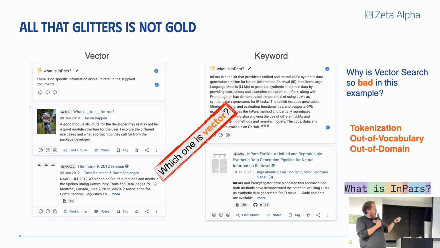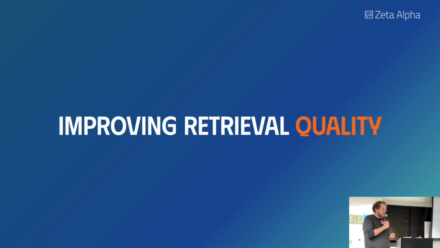So it's an out of vocabulary term, and your model has no idea what InPars is. It's also out of domain: your model was probably trained on generic text, and InPars is a really specific term to this domain. It's a thing that your model never saw before. So that's one of the best reasons why you want to at least experiment with fine-tuning your embedding models, instead of just grabbing something off the shelf and running with it.